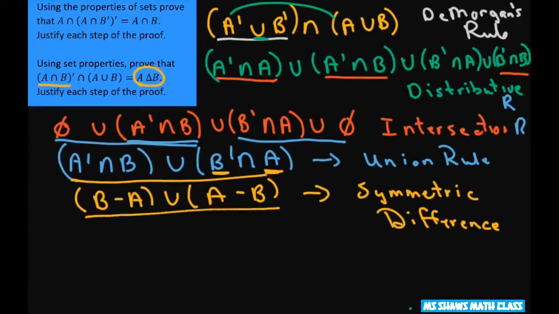And by definition, that means we write this as A delta B. And that's just by definition.